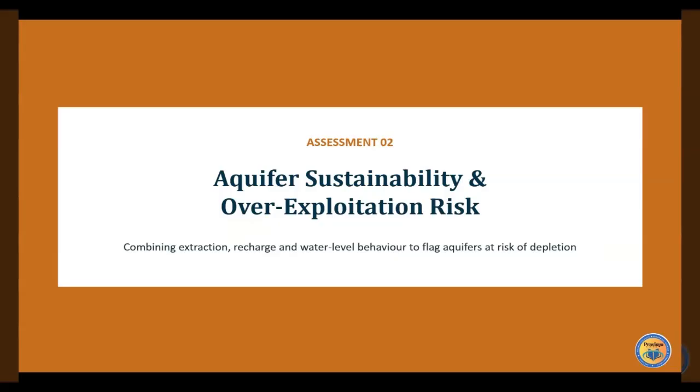The Central Groundwater Board, or CGWB, characterizes blocks as safe, semi critical, critical, or overexploited. This is done because we are drawing down many aquifers faster than they are getting refilled or recharged.